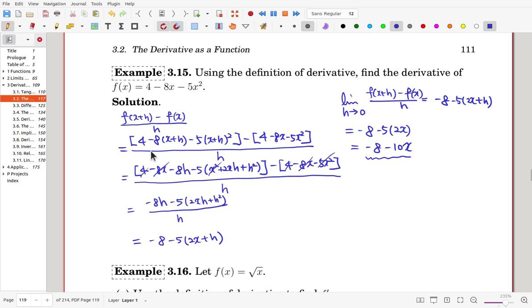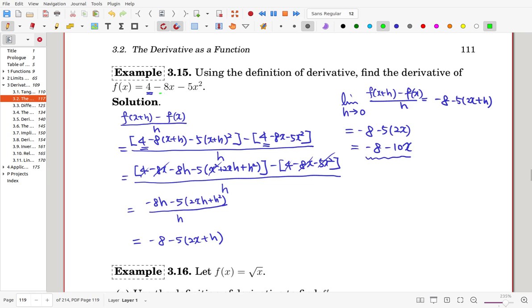Now let's look at it part by part. For the constant, it appears here and here and cancels out, so nothing is contributed from this term. How about minus 8x?